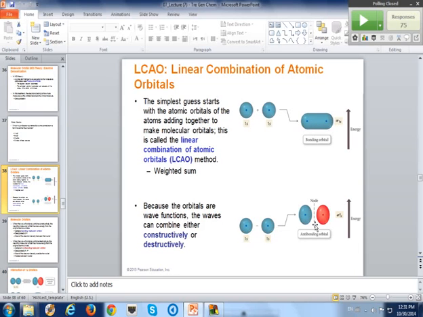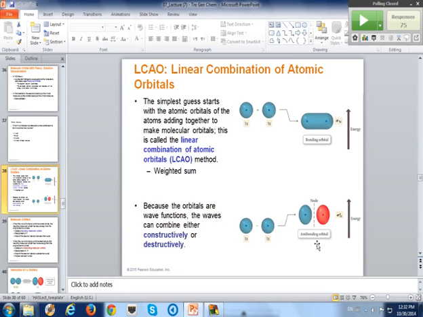On the other hand, if we add the 1s of one plus the negative of the 1s of the other, then we destructively blend those two atomic orbitals, and we form a molecular orbital known as the antibonding molecular orbital.